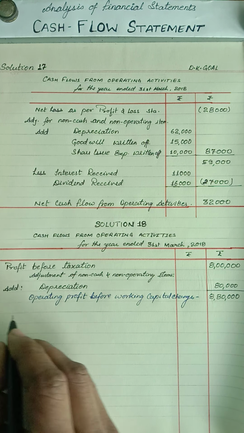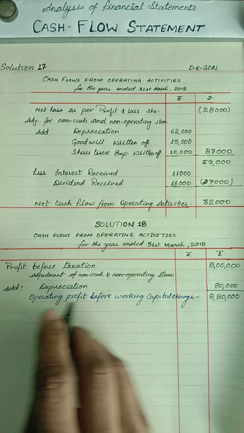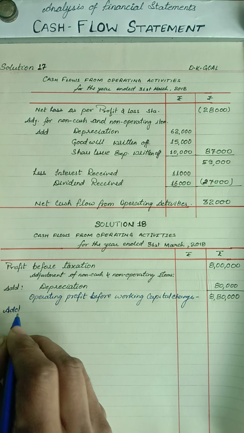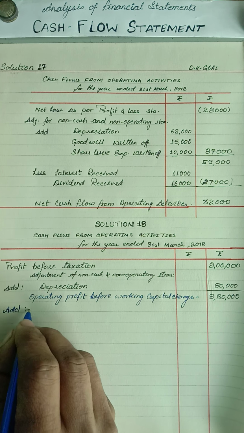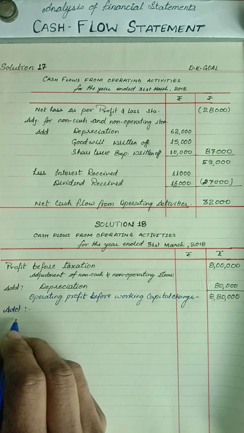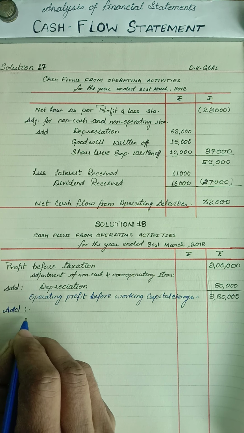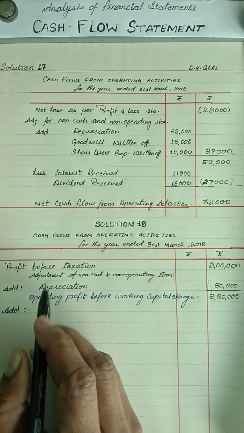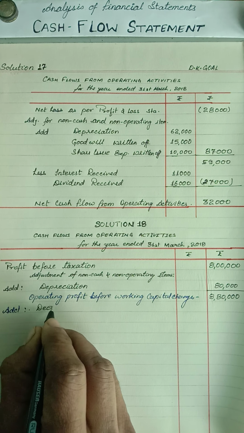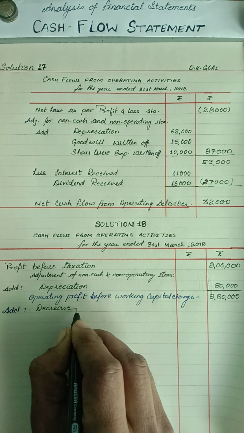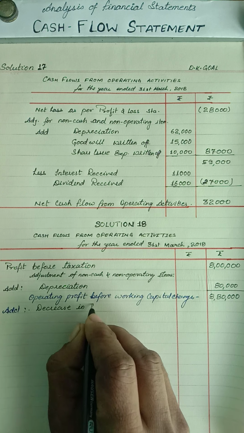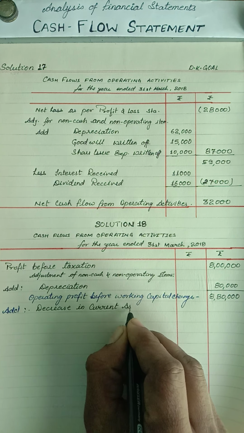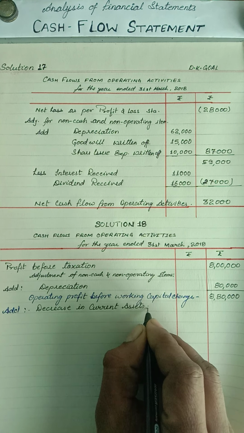So I am going to write here the addition part. We have to add a decrease in current assets. It is already given as decrease and increase in the adjustments.